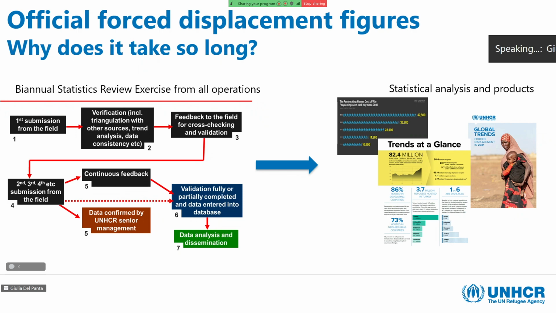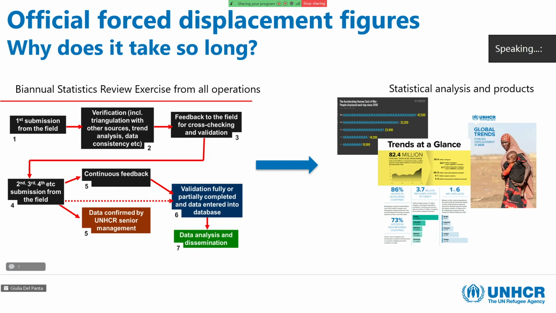Then it's fed back to them what needs to be changed. This is basically a cycle that takes a while. Then it's sent to headquarters where it's validated again, reviewed again, and then it has to be confirmed by senior management. So this all takes a very long time, which explains the lag of 4 to 6 months that we experience when the trends are published.